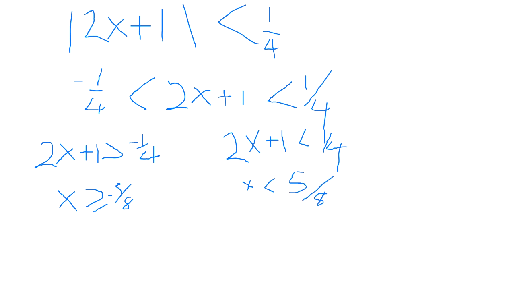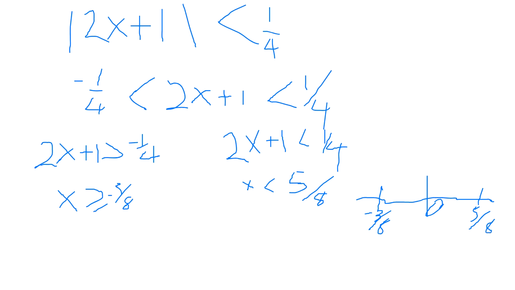So on our number line, if here is 0, you are going to have minus 3 over 8, and here you are going to have 5 over 8.